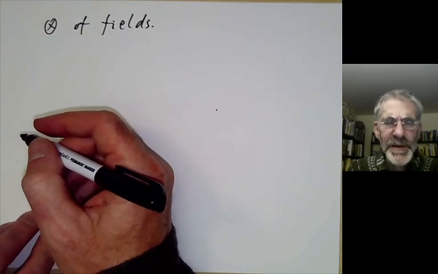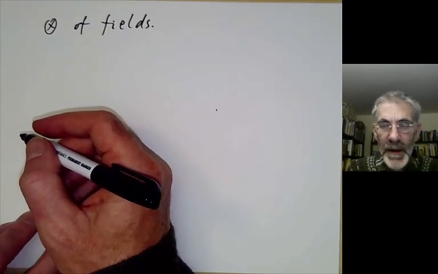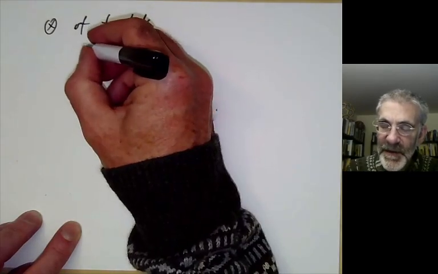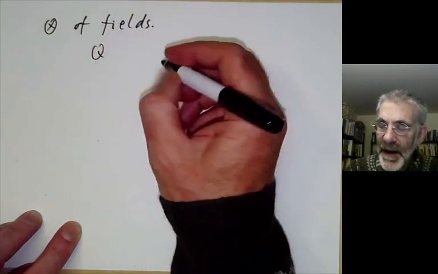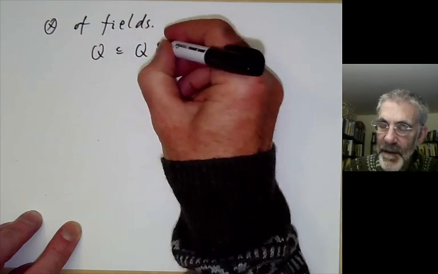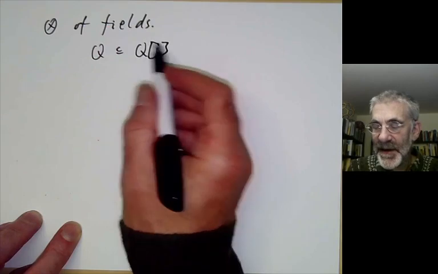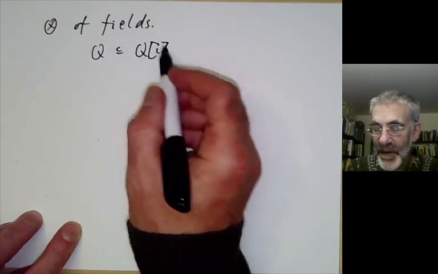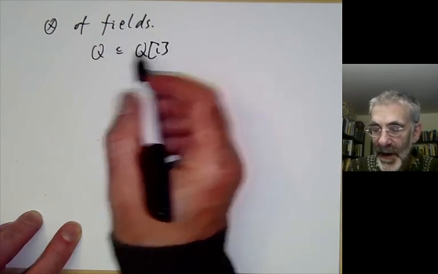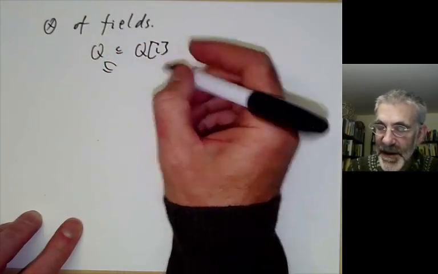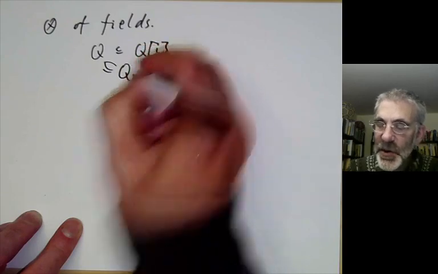So for the final example, we can do tensor products of fields. For example, this is used quite a lot in algebraic number theory. You might take the field of rational numbers, and you might take a field, say a quadratic extension. You might take, say, the field of Gaussian rational numbers. And if you're into p-adic fields, this is also contained in, say, the two-adic number fields.